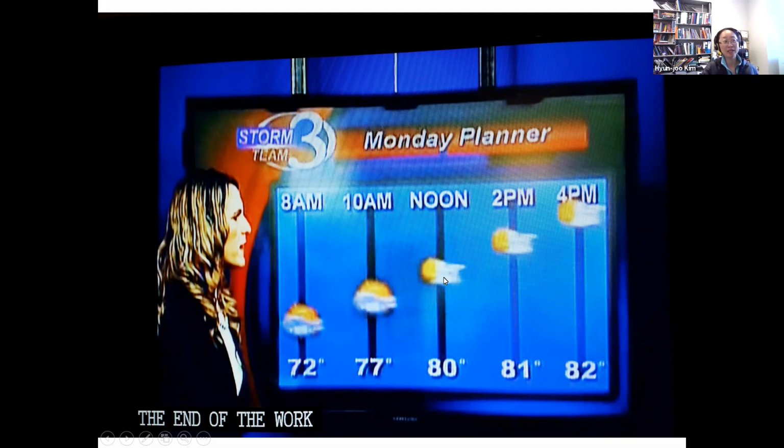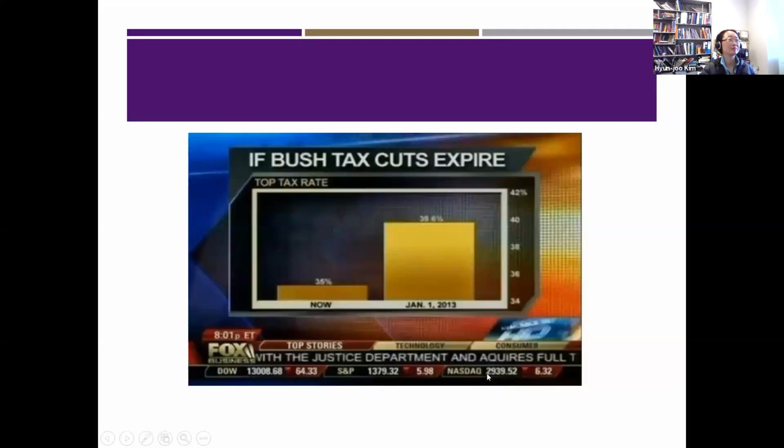As you can see, 80 to 81 versus 70 to 77, the height difference is almost the same. So it really doesn't give us information, graph-wise, about how rapidly the temperature rises or decreases. Something like that might actually help make a better graph.